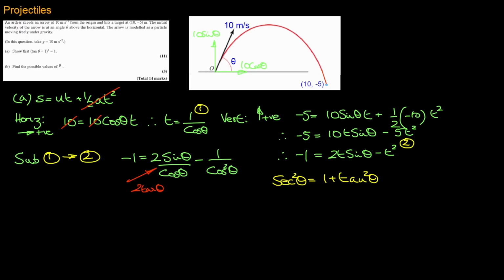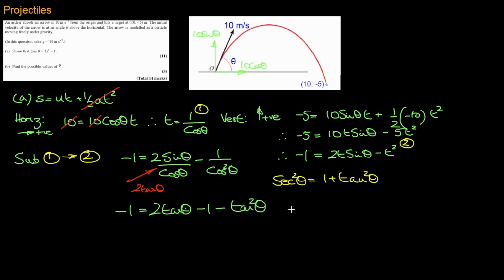We're nearly there. So this becomes −1 = 2 tan θ minus sec², and multiplying out, −1 − tan² θ. All we've got to do is rearrange the furniture here.